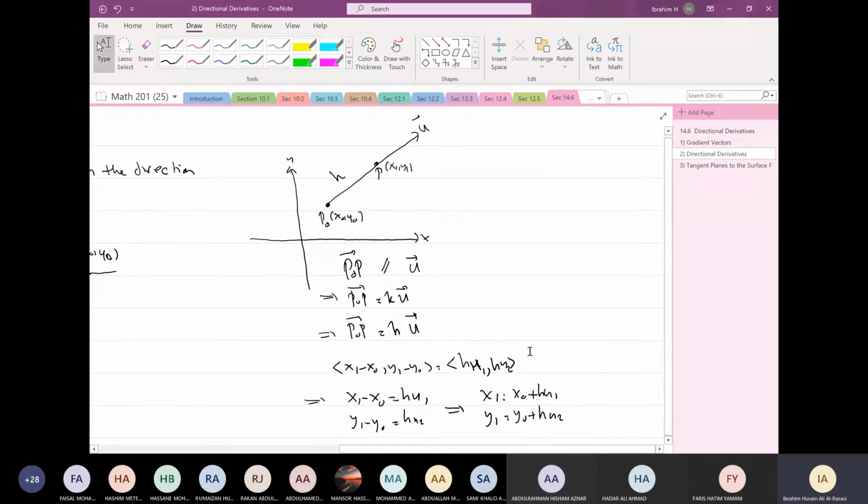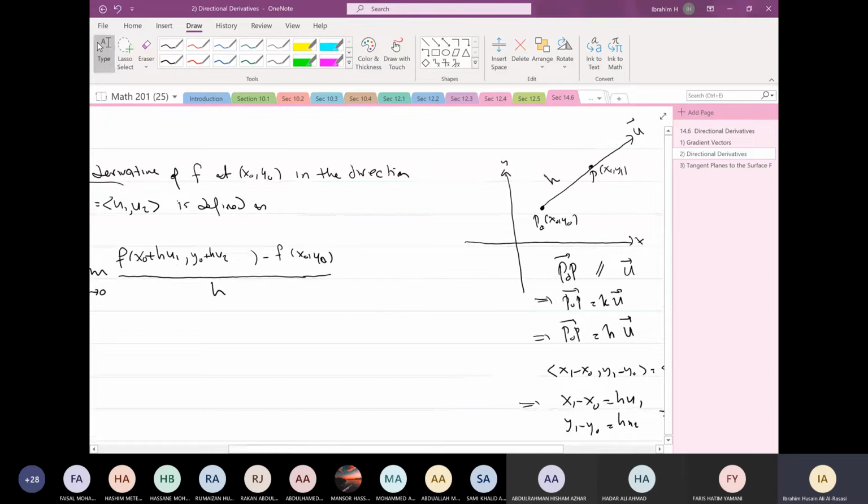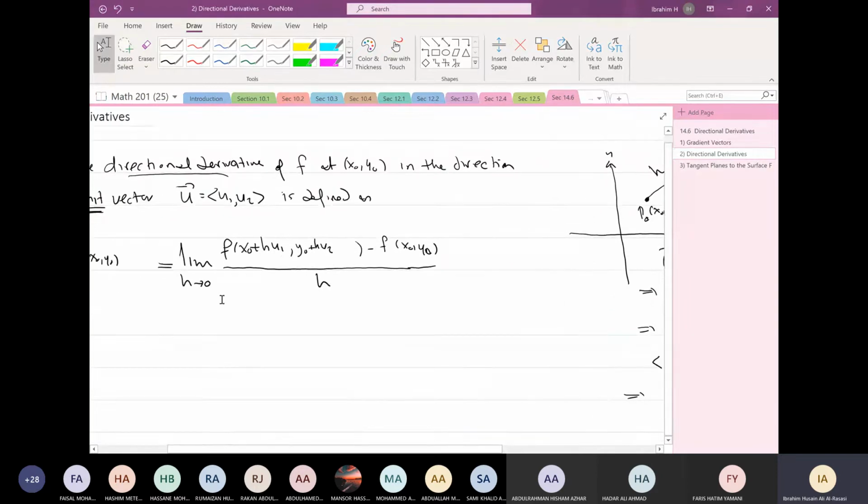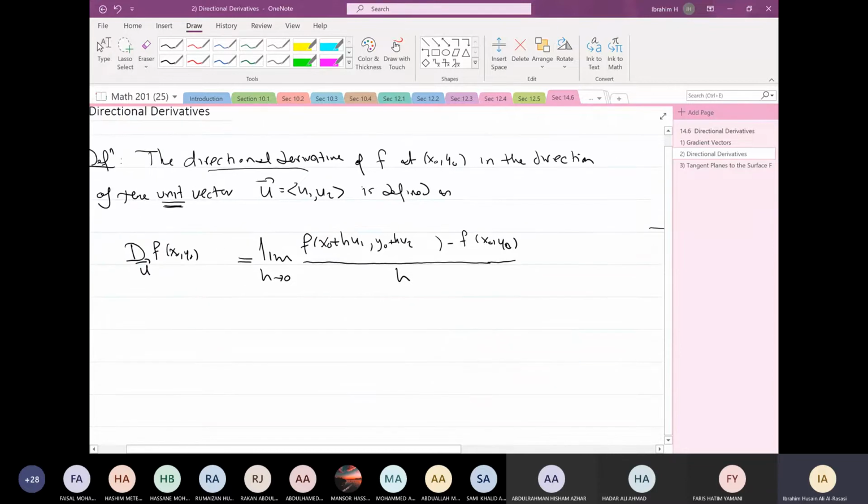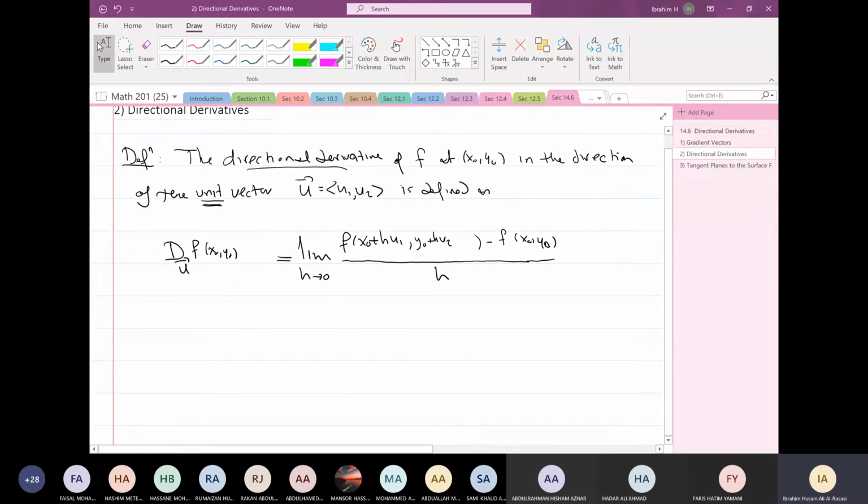So when you move a distance h, you get a new point (x0 plus hu1, y0 plus hu2). When you move a distance of h, you reach this point from x0, y0. So this is the justification of the limit definition of the directional derivative: final minus initial over h.